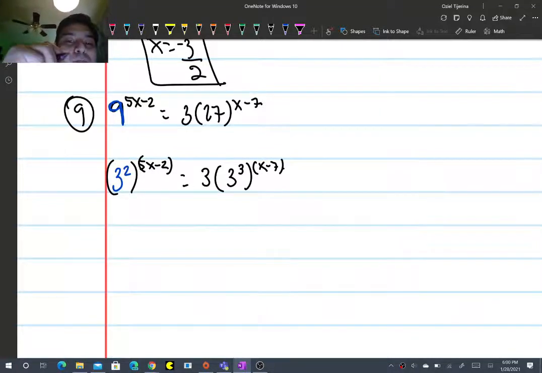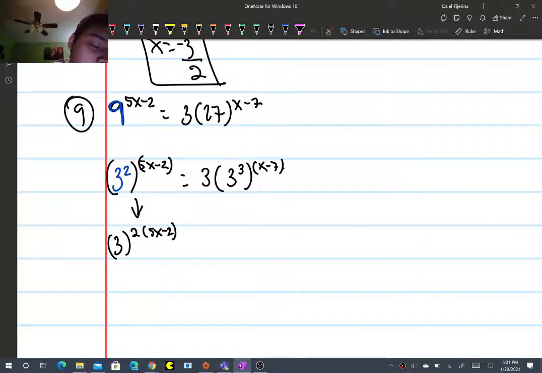So basically from there, let's see here. You're going to turn this into 3 raised to the 2 times 5x minus 2 power equals 3 raised to the first power times 3 raised to the 3 times x minus 7 power.